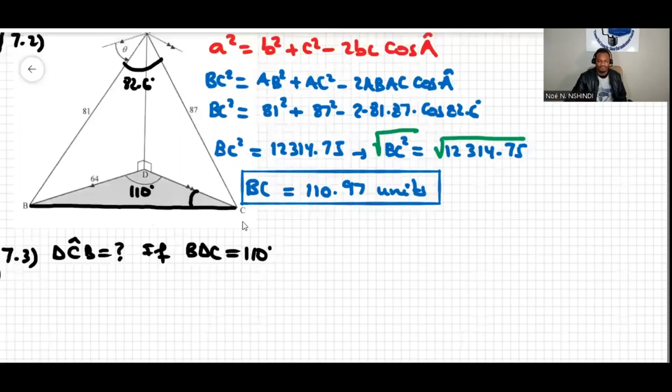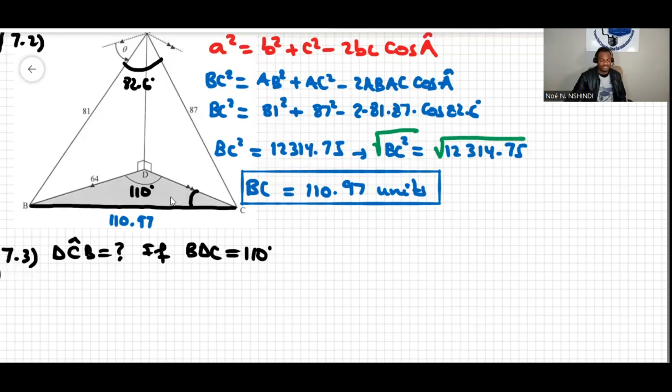Now, what can we do? We can see that we have this angle given and only one side given. Oh yes, this side is also given; we calculated previously that it's 110.97. This angle is not in between the two given sides, so we cannot apply the cos rule here.